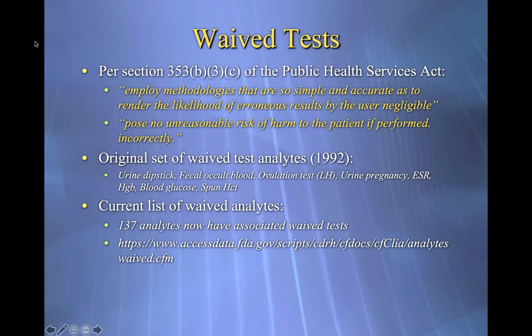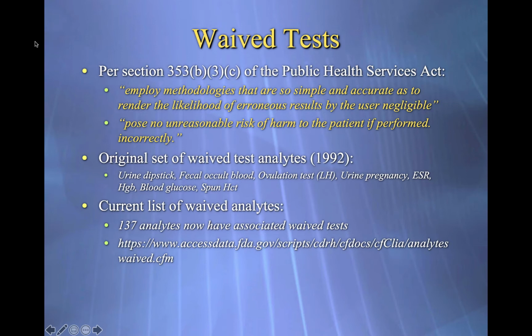Okay, go back here. So waived tests, the Public Health Services Act said, waived tests should employ methodologies that are so simple and accurate as to render the likelihood of erroneous results by the user negligible. Okay, simple visual endpoint test type of thing, and pose no unreasonable risk of harm to the patient if performed incorrectly.